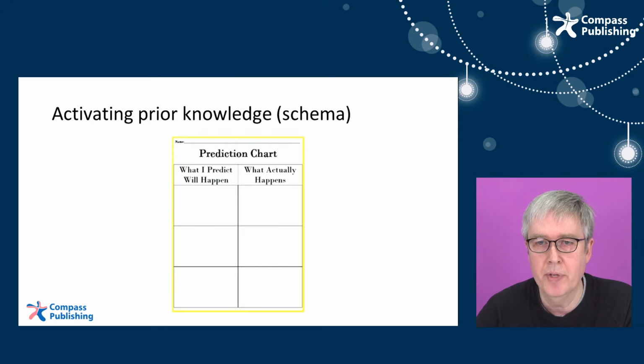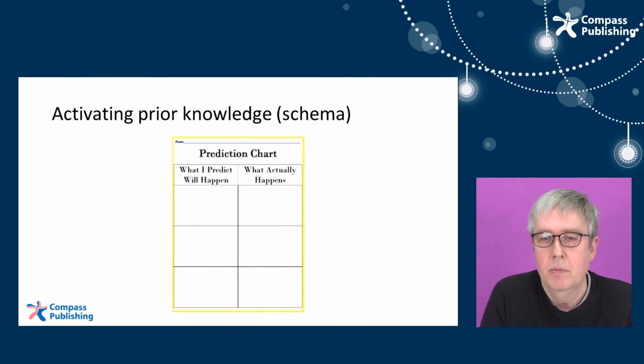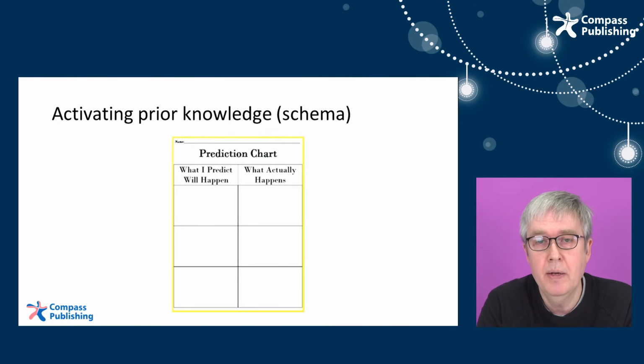Just scan over the title, the pictures, the headings, and say, what do you think this is going to be about? What kinds of things will the passage talk about, or what will the listening passage talk about? And then after, as a post-activity, you can get them to fill out, was I right? What actually was talked about in the passage?